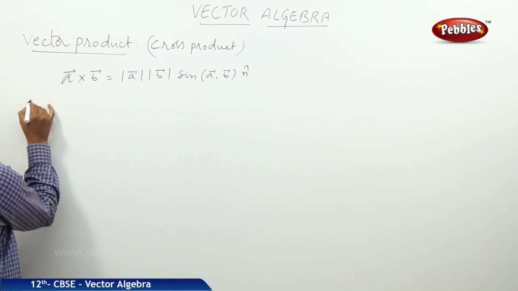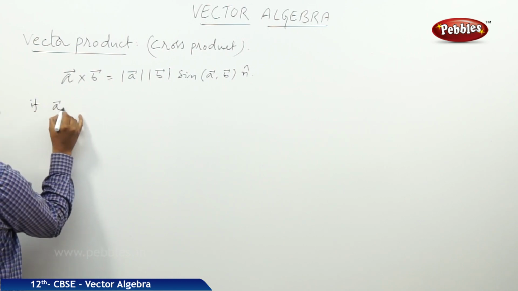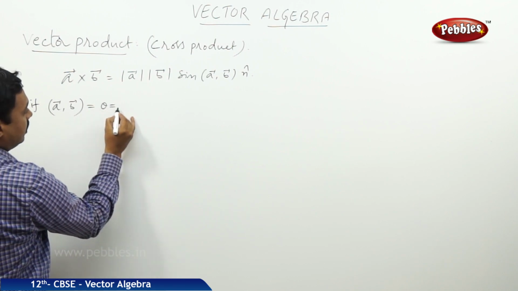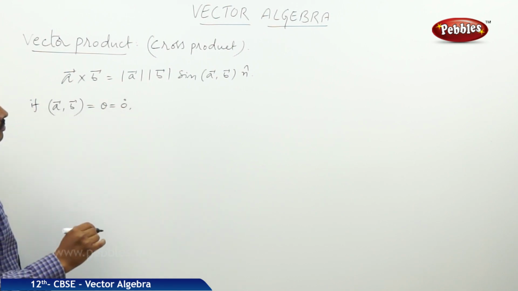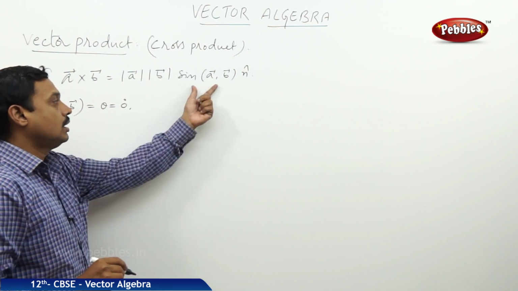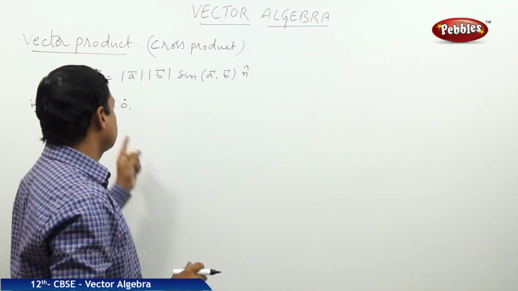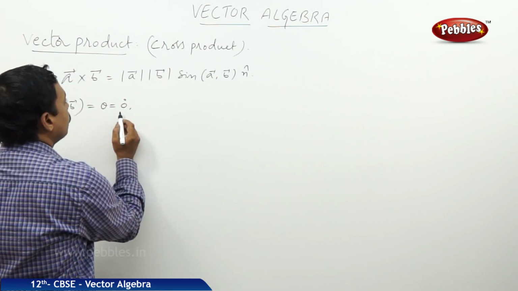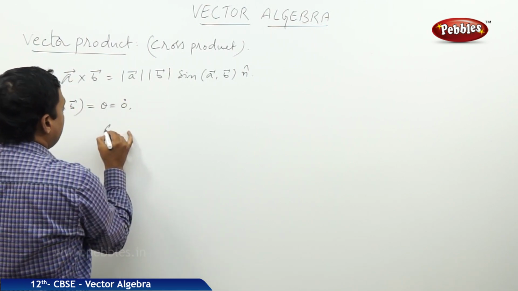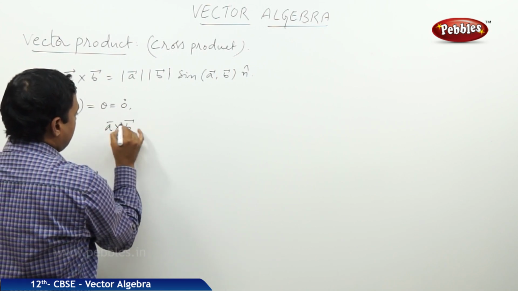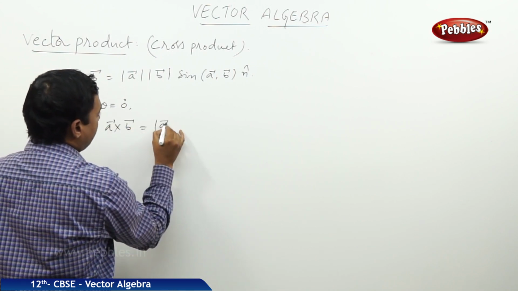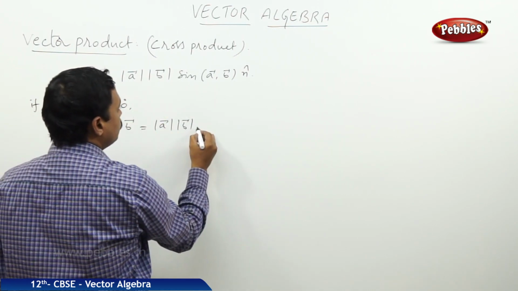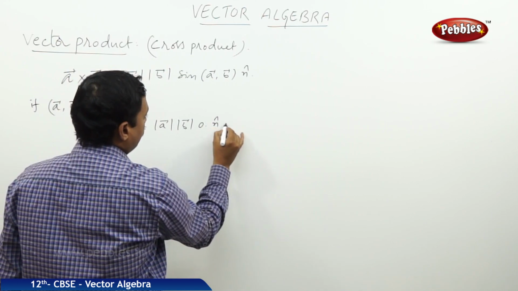Now suppose the angle between the two vectors A bar, B bar, theta, is equal to 0 degrees. When is the angle between two vectors 0? If they are collinear vectors. So when the two vectors are collinear, what happens? A cross B is equal to modulus of A vector, modulus of B vector, into sin 0, into n cap.